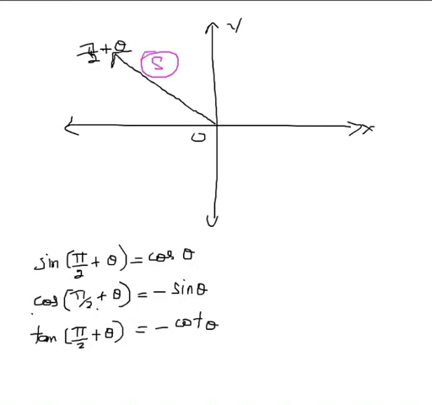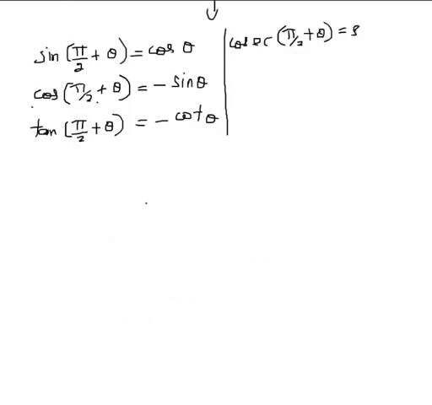And then cosecant pi by 2 plus theta. Pi by 2 plus theta is a second quadrant angle. Cosecant in the second quadrant is positive. Because we have pi by 2 plus, we change the ratio. It becomes secant theta.